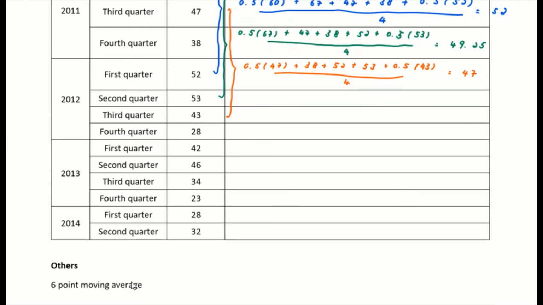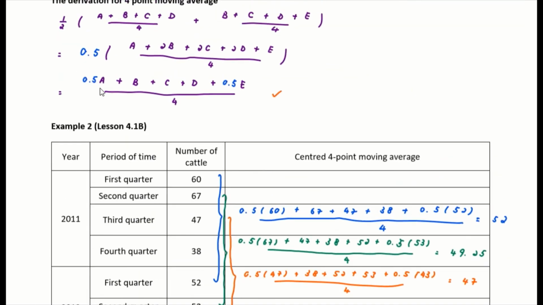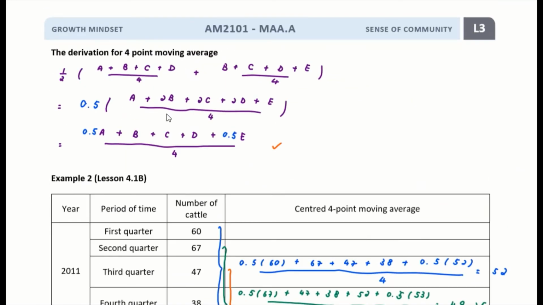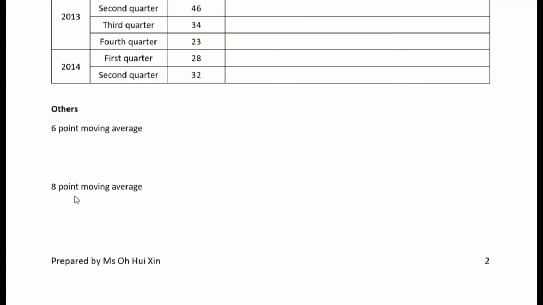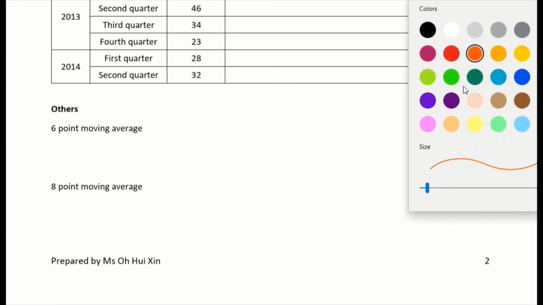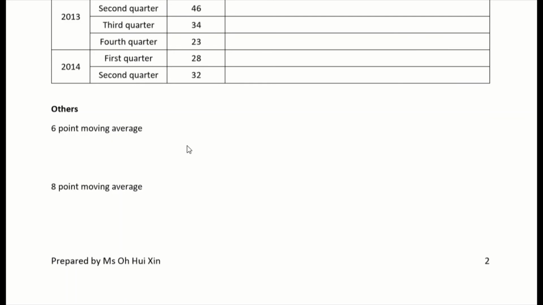Imagine this is a formula that you are using for a 4-point moving average, right? How about if you are doing a 6-point centered moving average? Same thing, remember, you need to take in one extra point, and the last point and the first point, you are taking the half of it.